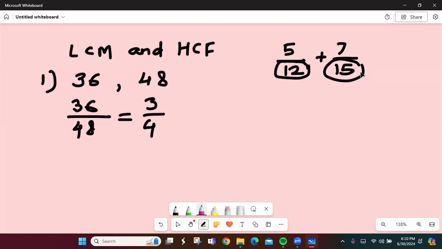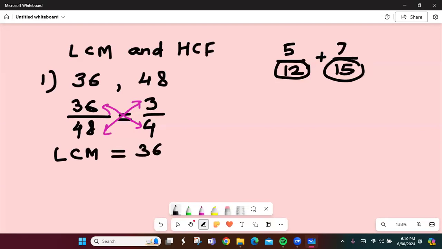Now to find out the LCM, just do this cross multiplication. And if you see, both the cross multiplications will give you the same answer. 36 into 4 is 144, as well as 48 into 3 is 144. So the LCM, you can write any one of the two cross multiplications.